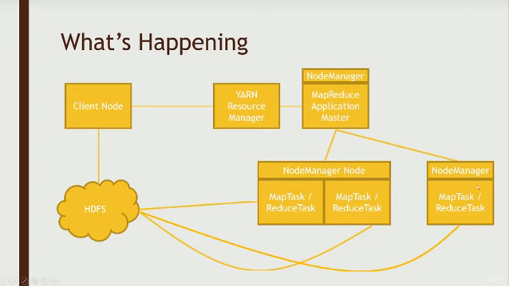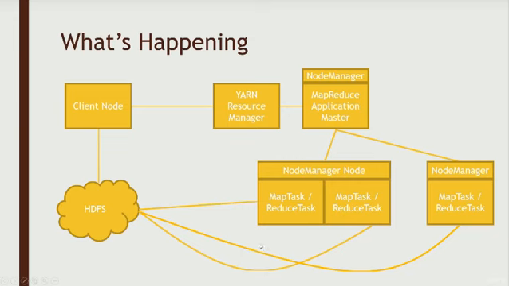And we might have a second machine running a reduce task or something later on, and that might have its own node manager as well, all working in concert to keep track of what's up and what's not. And while these things are mapping and reducing stuff, it's talking to our HDFS cluster to actually receive the data that it needs to process and output the data results that it has at the end.